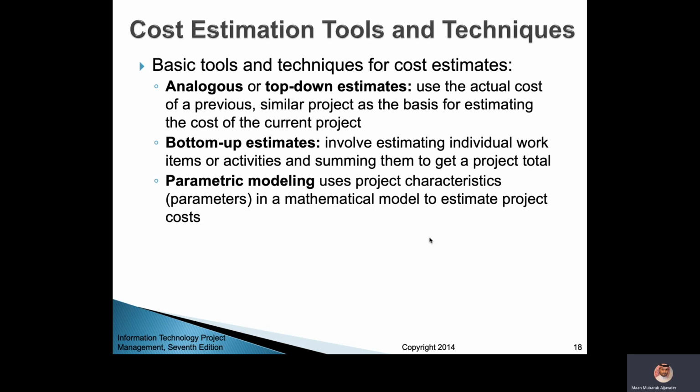Parametric modeling uses some parameters or characteristics of the project, and we use a mathematical model to estimate the cost. So there's a calculation, it has a formula to do it. And this is for engineering projects, and some other business projects also use these.